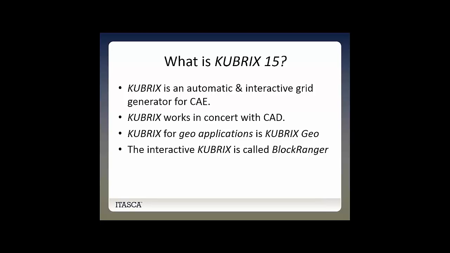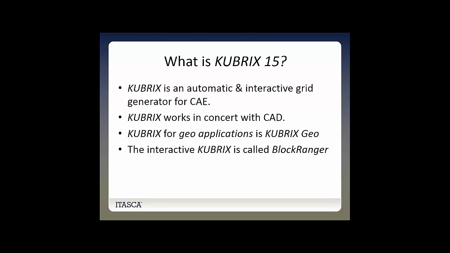KUBRIX works in concert with CAD systems. It's been implemented in many CAD systems around the world, including CATIA and HyperMesh and Patran. We will be talking today about its integration in Rhino, which is what we like to use here at Itasca.